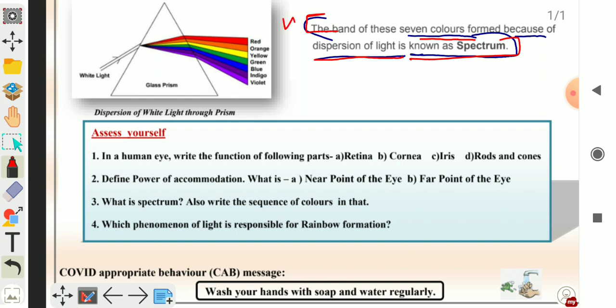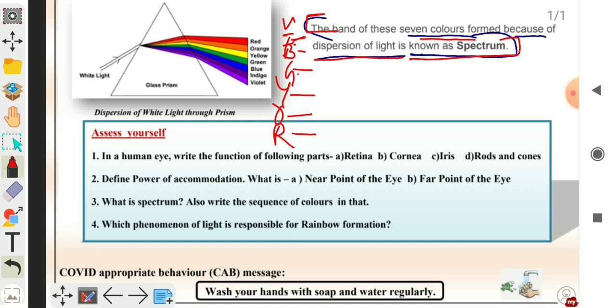You have to write V, I, B, G, Y, O, R, VIBGYOR. V for violet, I for indigo, B for blue, G for green, Y for yellow, and O for orange, R for red. So you have to write the 7 colors in sequence.